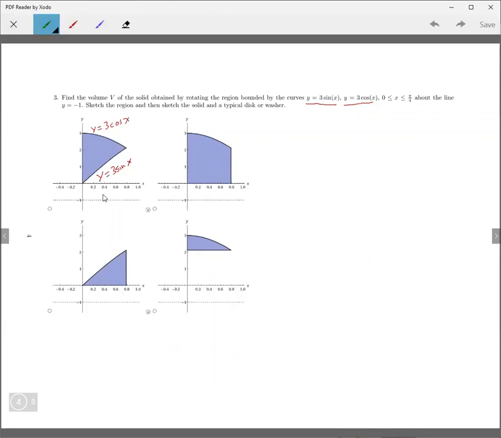And the thing is, it's rotating about this right here. Okay, so the image will be something like this.